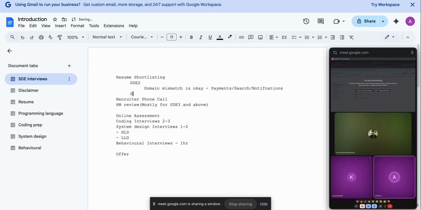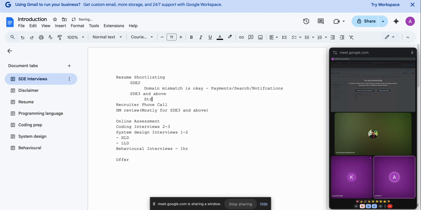But as you grow in career, for SD3 and above, they start looking for a strong match in terms of domains. They'll seek experts in payments, search, or notifications, whichever the team is working on right now. So what I'm essentially saying is, if you want to switch to product based companies or high paying companies, it's a bit easy at SD1 and 2 level. It gets difficult as you grow in the ladder. If you work for any small product based companies, that should still be okay.